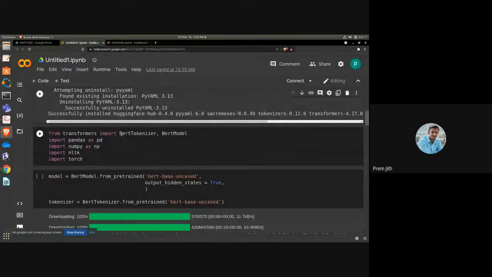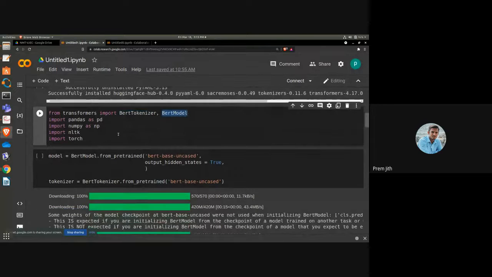So there are the tokenizer and the BERT model, pandas, NumPy, NLTK, Torch, etc. The BERT model is used for using a pre-trained model for the analysis. So model is equal to BertModel.from_pretrained('bert-base-uncased'), with output_hidden_states equal to True.